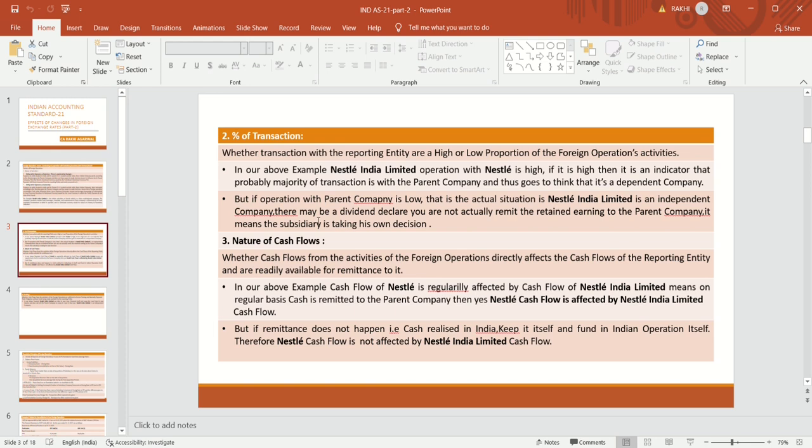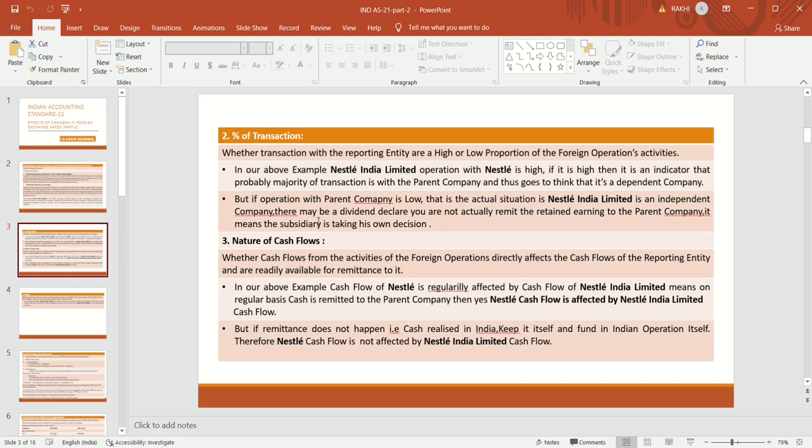This is to be explained: whether transactions with the reporting entity are a high or low proportion of the foreign operation's activity. We are taking the example of Nestle India Limited only. Suppose we assume that Nestle India Limited's transactions with Nestle are high, and their proportion of transactions with Nestle is very high.